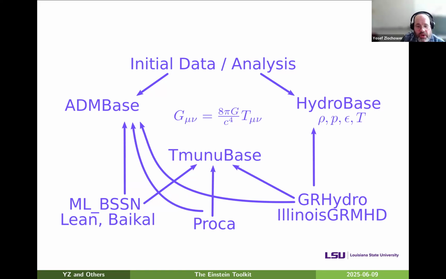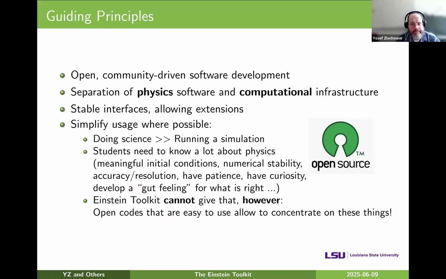We can have more codes that can handle the GR case, more codes which can basically work with the hydro quantities. We can have scalar fields, which will also interact through TmunuBase.